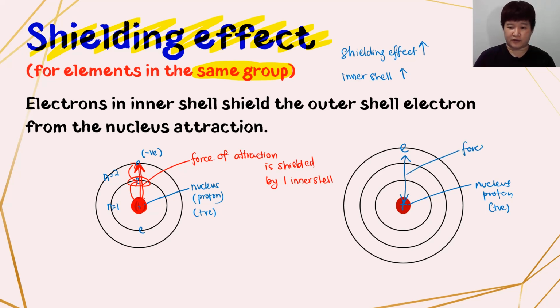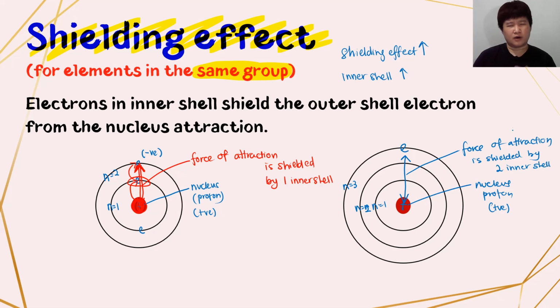That is your force of attraction. By looking at this, you have n equals 1, n equals 2, and n equals 3. And your force of attraction right now is shielded by 2 inner shells.